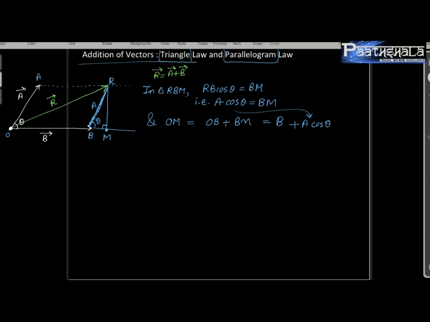Similarly, in the same triangle RBM, RB sin theta is equal to RM. So this is equal to A sin theta.